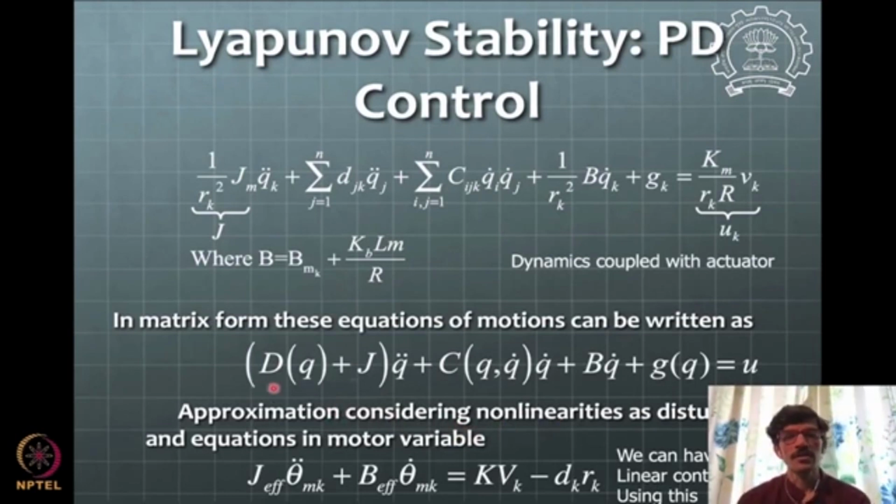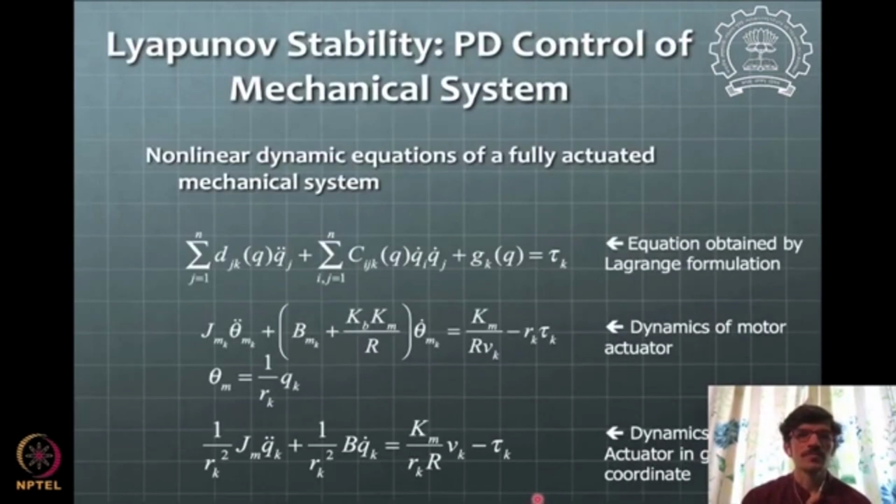One can have another approximation to this system by saying that you have the motor equation alone, and all the terms which are coming on the motor equation, you remember the motor equation was something of this sort. Here is the motor equation, in terms of theta. Now this can be considered as a disturbance, and we can directly write some control here. That is another possibility that can exist if you are not interested in very high performance in the robotic or mechanical system.